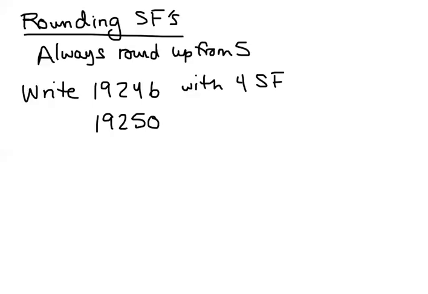And then similarly, if I wanted to write 263 with 2 sig figs, here, all I do is take that 3 away and add a 0, because I just round down to 260, no decimal point.